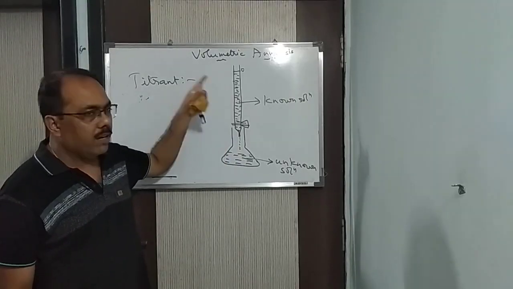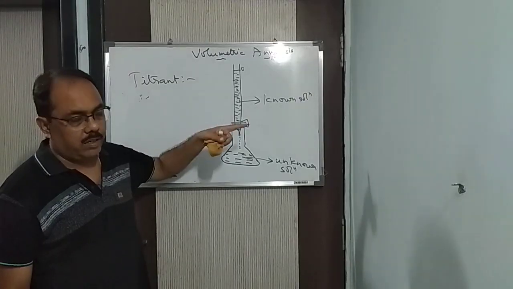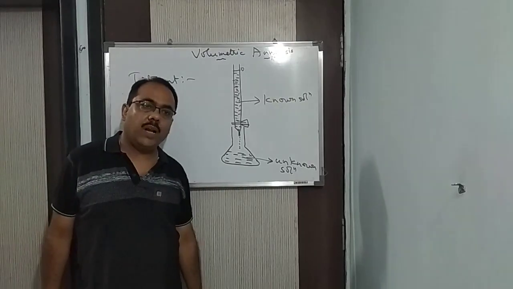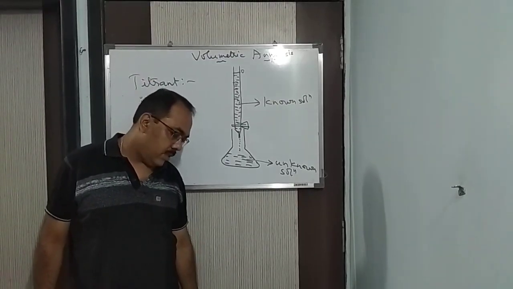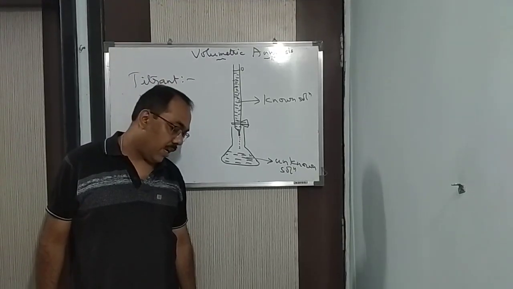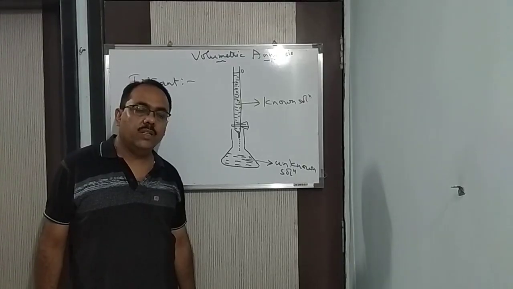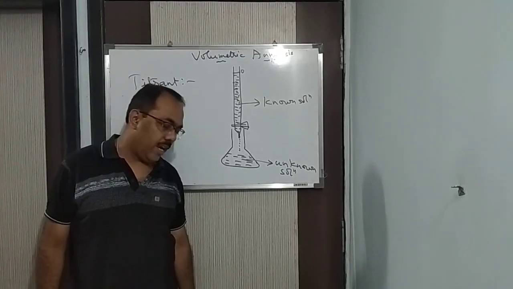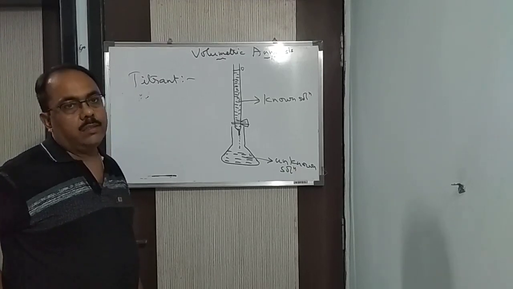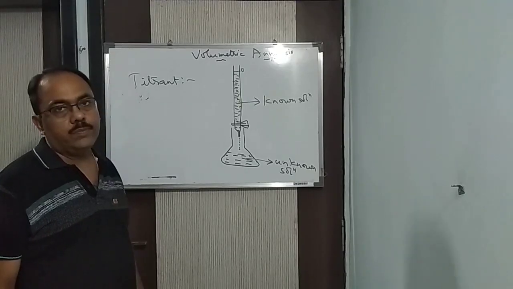Now titrants are of two types: primary titrant and secondary titrant. Write down, first, primary titrant. These reagents can be accurately weighed and their solutions need not be standardized before use.